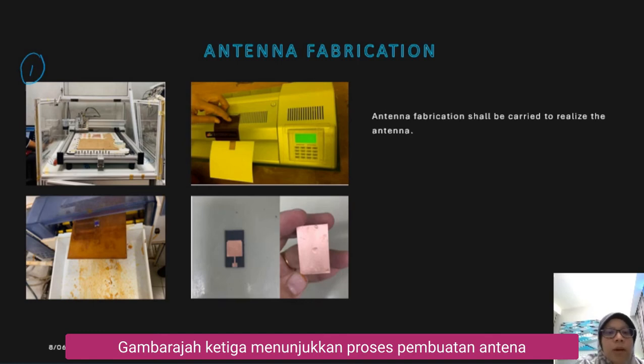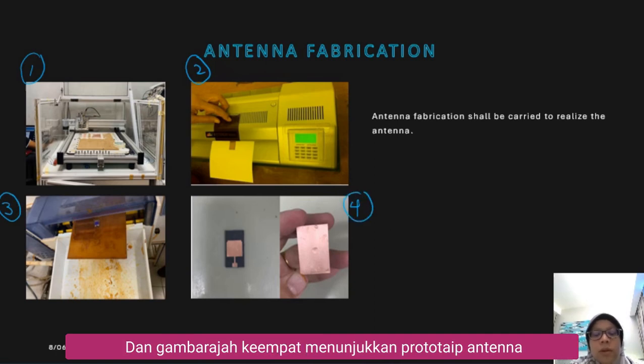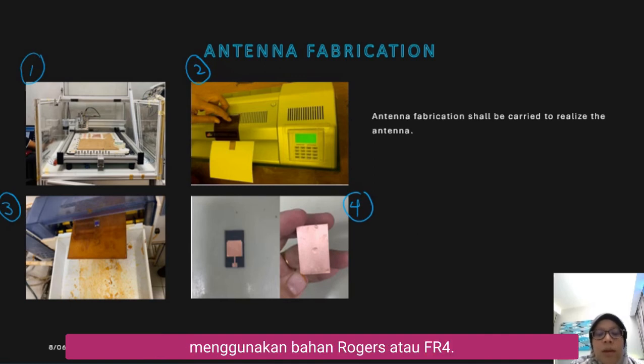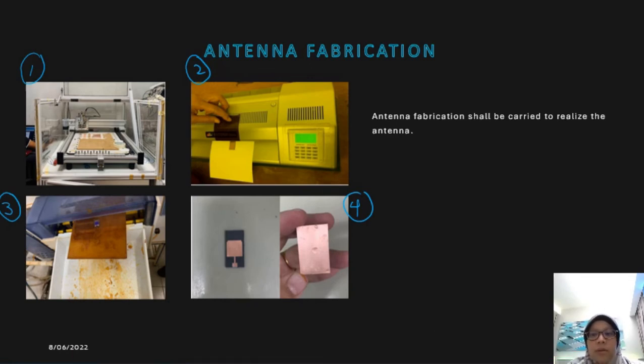The third one shows the fabrication that has been carried out, and the fourth one shows the realized antenna fabricated using Rogers material or FR4 material.